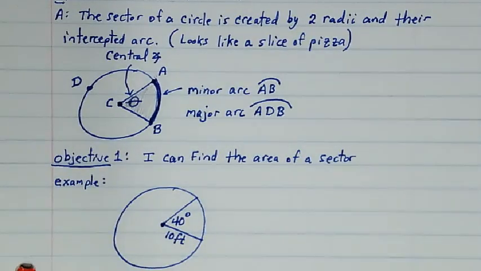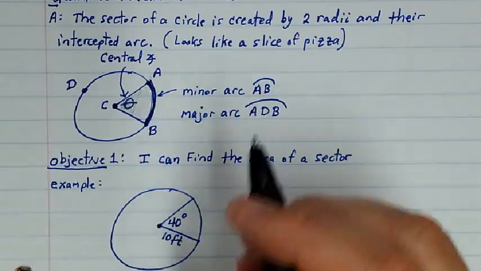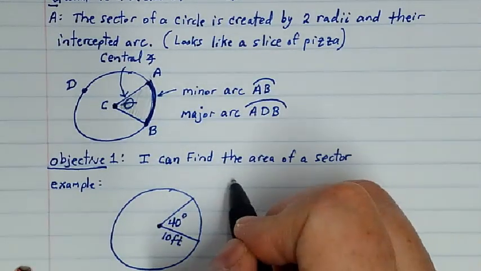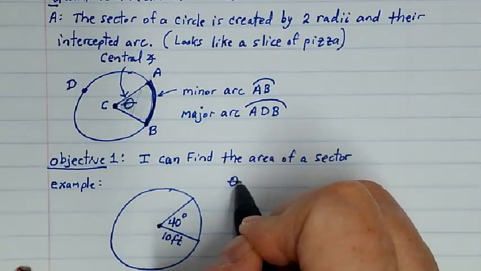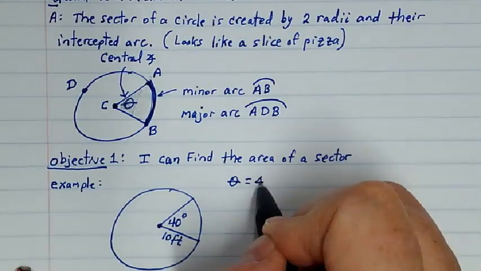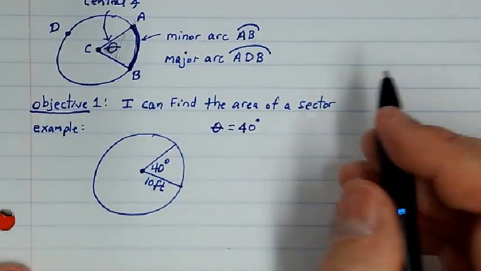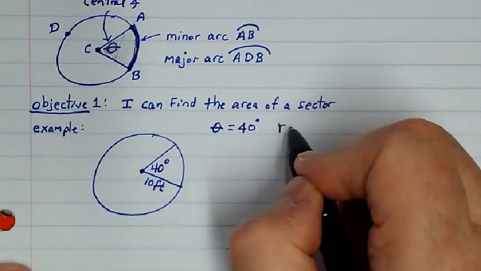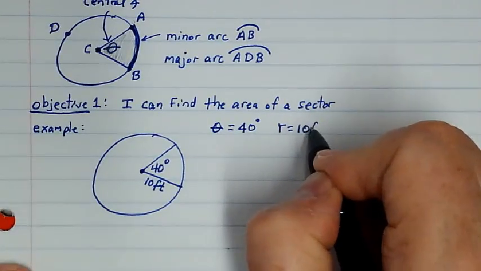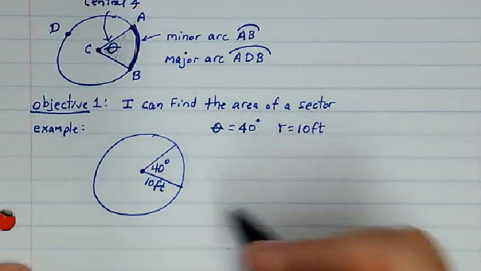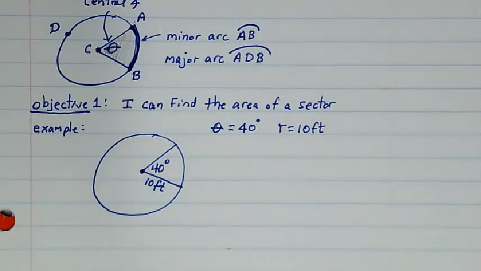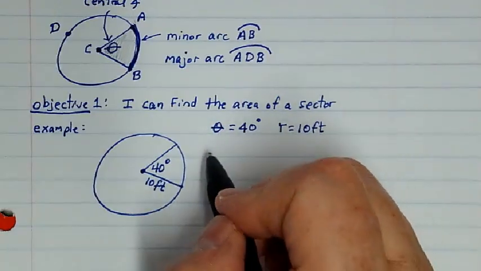Well, here are the steps. The first step I do is I recognize what theta is going to be. Theta is the measure of the central angle in degrees. I'm just writing this down so we know. And the radius is 10 feet. I'd like to establish my values. Then I write the formula. So I'll put step 1.